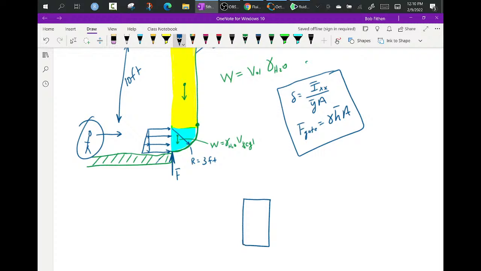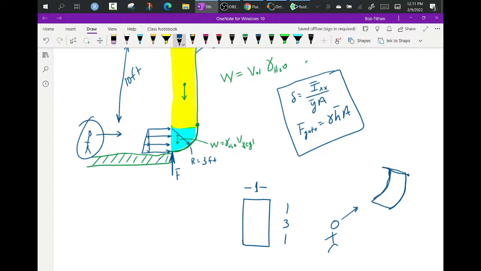He would see it from here to here would be 3 foot, and then it would be 1 foot into the page. So here's your guy. I'm going to try my best to do this. He sees this. Here's his hinge.